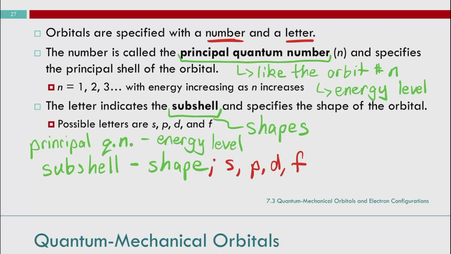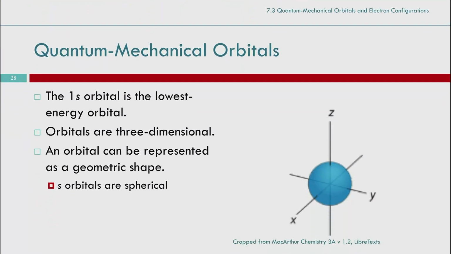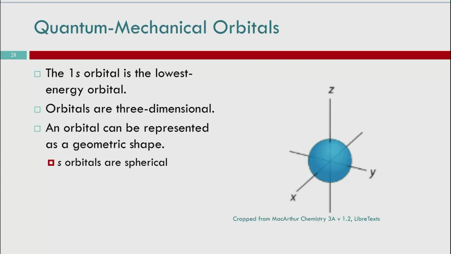All right, so we've got our lowest energy orbital. Our lowest energy orbital is 1s. 1s is the lowest energy.